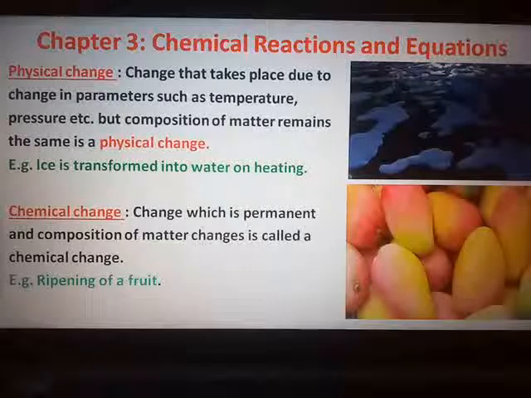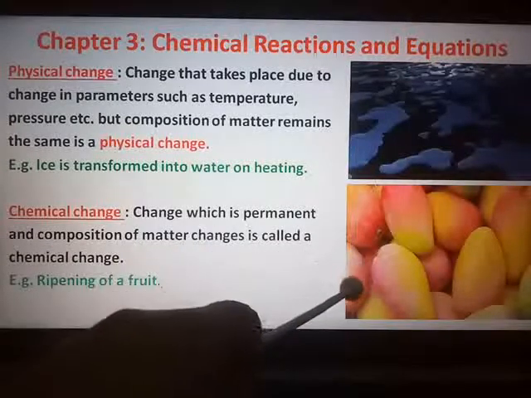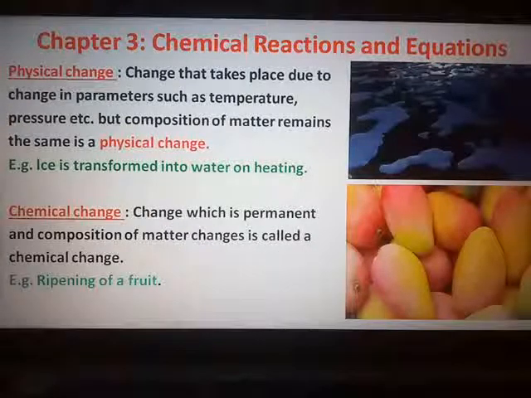Once the milk gets transformed into curds, the reaction which occurs is irreversible. Again, you cannot get the milk back from the curds, or again once the fruit is ripened, you cannot again get the raw fruit or the raw mango over here.